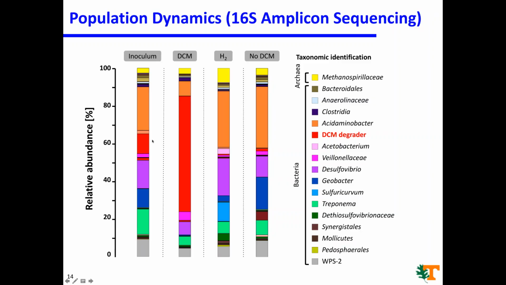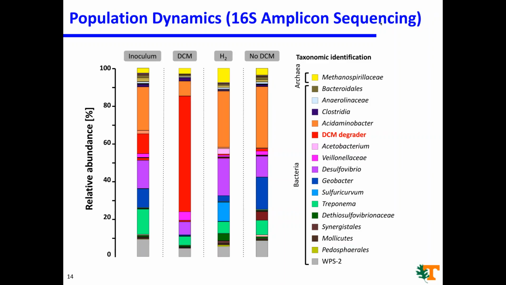In fact, if you compare the size of these bars, it's declining. If we feed this culture hydrogen, you also don't see the DCM degrader increasing in abundance. So this is the type of information we can get from amplicon sequencing and looking at the relative abundance of 16S rRNA gene sequences.